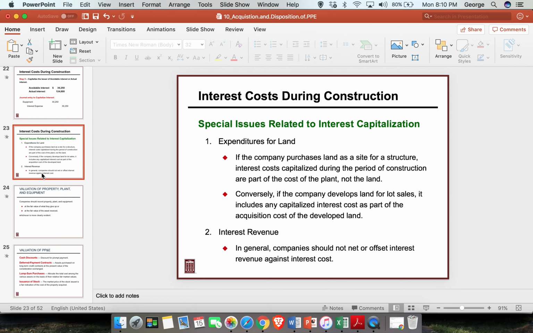Conversely, if the company develops land for lot sizes, it includes any capitalized interest costs as part of the acquisition cost of the developed land. All right, then interest revenue in general, we should not offset interest expenses and interest revenues by each other. They should be separate and looked at separately.